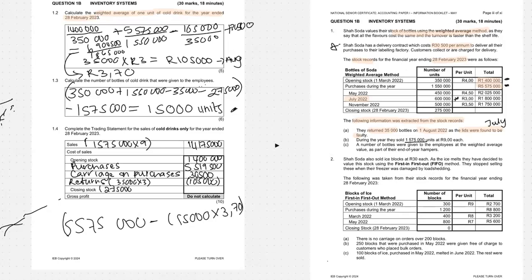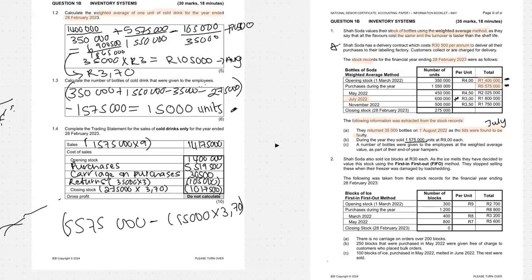So that'll be 275,000 times 3 Rand 70 to give us a total of 1,017,500.